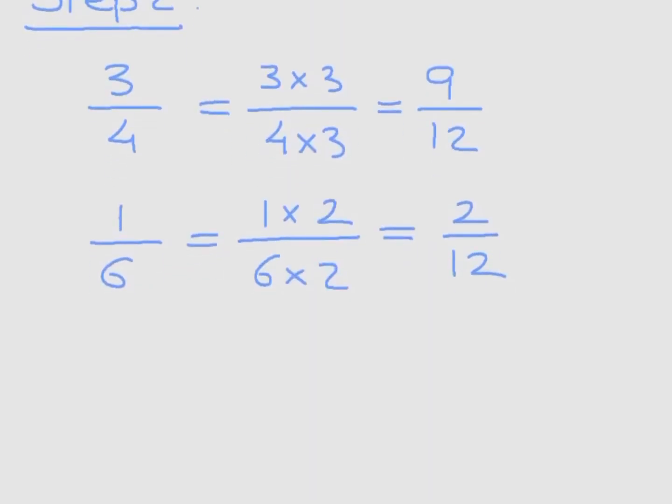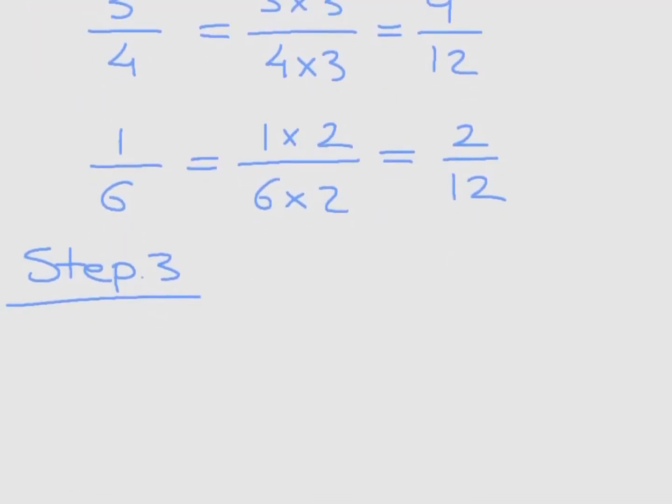We now move on to the third and final step, which we write step 3. And this involves simply adding the two fractions. This is really the final one. Following what we just saw in step 2, we can see that 3/4 plus 1 over 6 is the same thing, so it's equal to 9 over 12 plus 2 over 12.